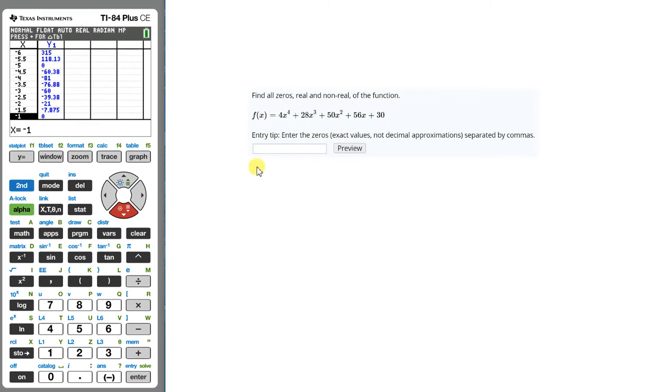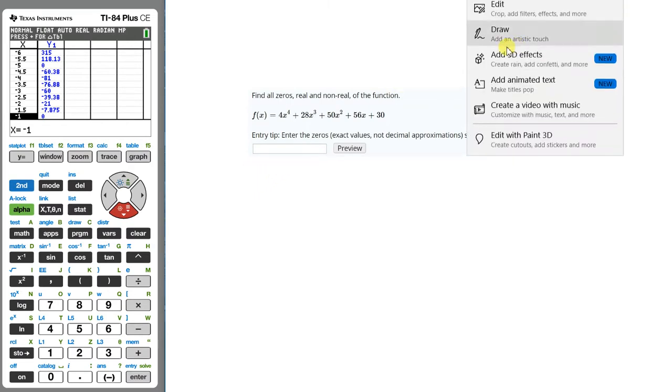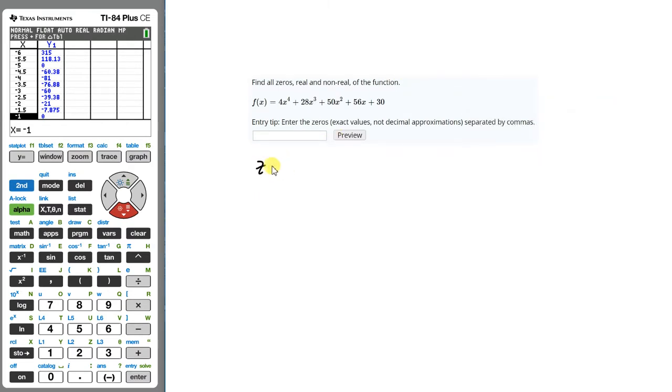So what were my zeros? -1, -5, -1/2 plus root 5 over 2 i, and -1/2 minus root 5 over 2 i. Those are my 4 zeros, so that's what I would put in the answer box.